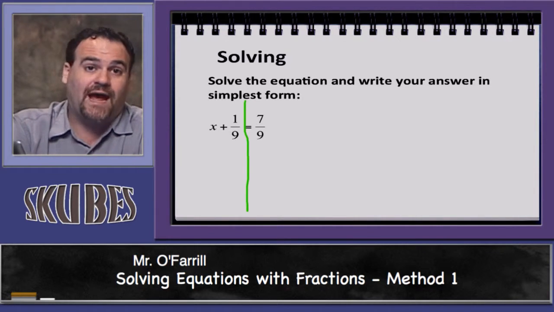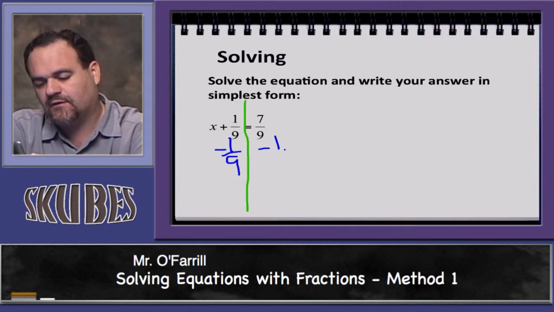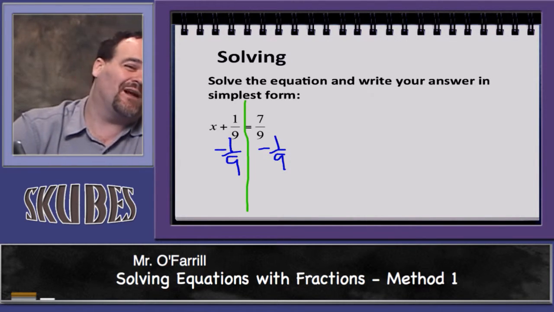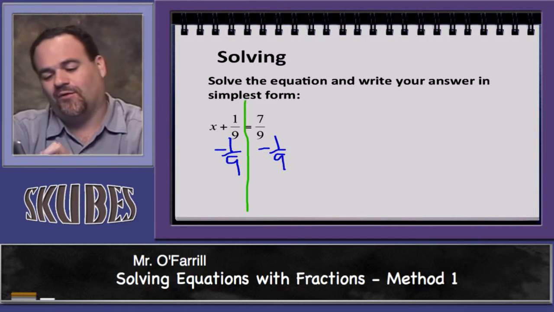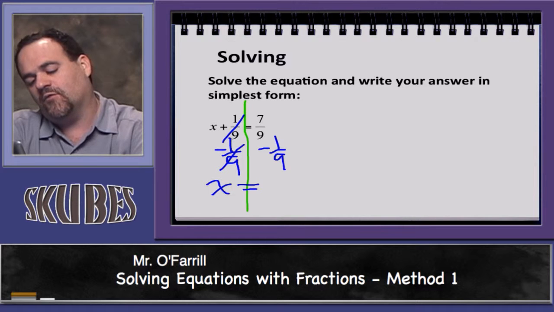And I can see we're adding 1/9. So what we're going to do is, from both sides of the equation, subtract 1/9. Fortunately, the denominators are the same. So when we do 7/9 minus 1/9, you're left with 6/9.